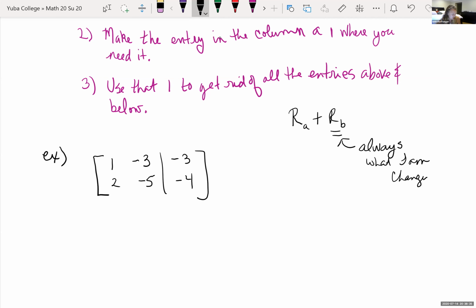And so the directions was saying row 2 is equal to -2 row 1 plus row 2. So that's what the book says. I would have just written this -2 row 1 plus row 2.